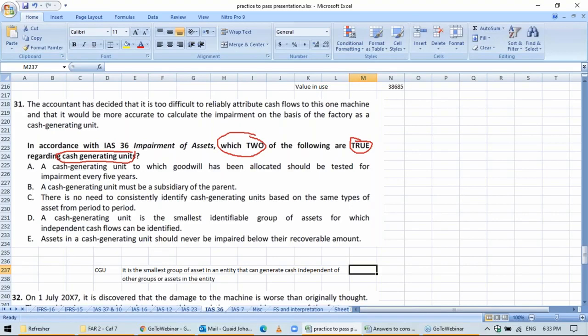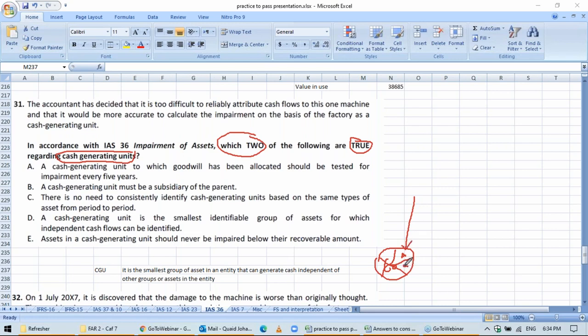So there can be many small groups which will be generating revenue for the company. If I show you using a diagram, suppose this is a company, this is an entity, and there are many small groups in the company. One group has 4 assets, and using just those 4 assets, it can generate revenue.